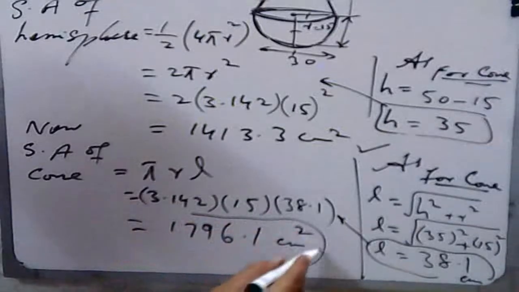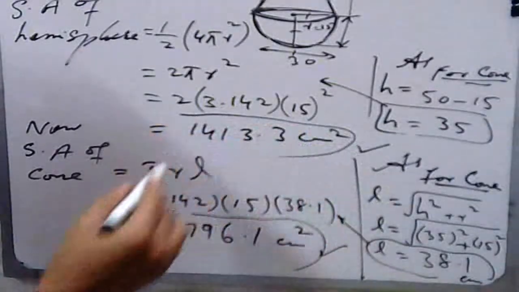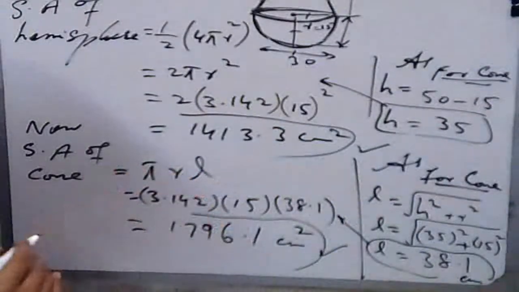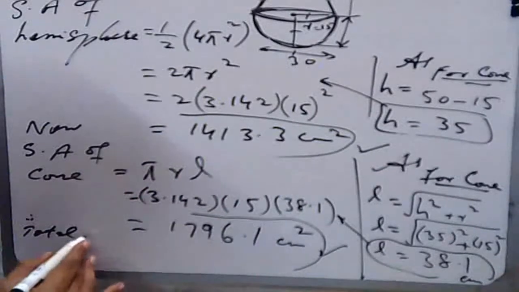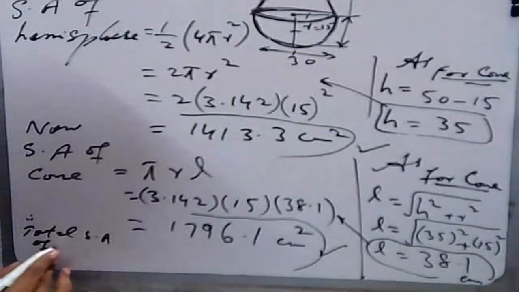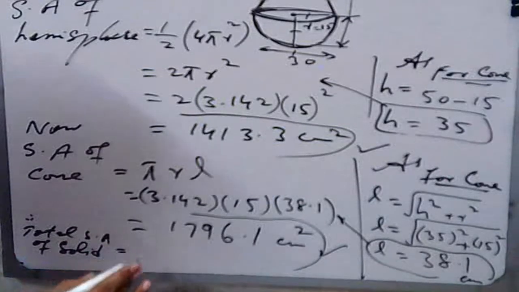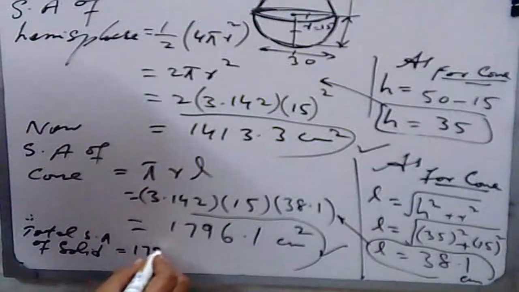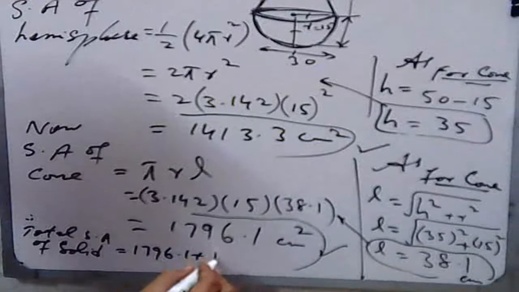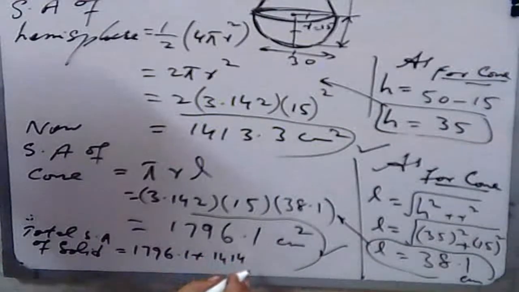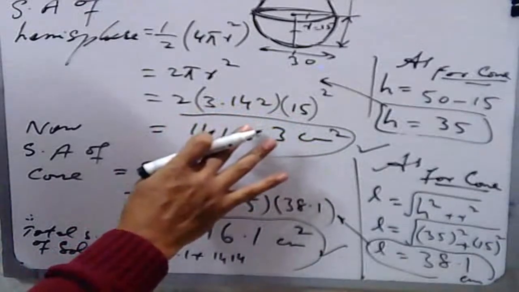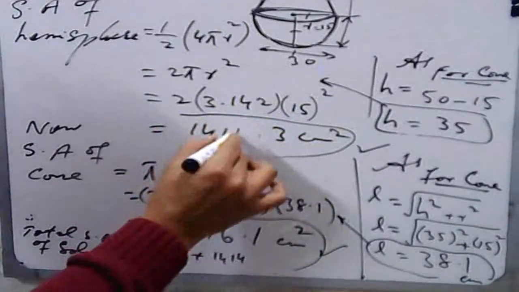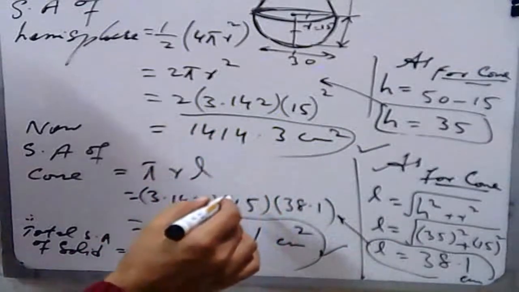Now initially we have found the surface area of hemisphere, then cone, and total surface area you should add. Therefore total surface area of solid or given figure, full figure, you have to add 1796.1 plus 1413.3.